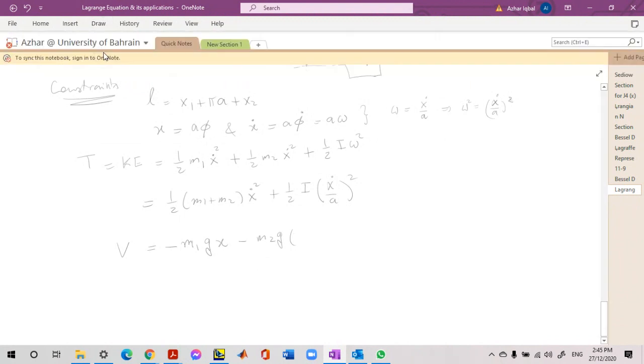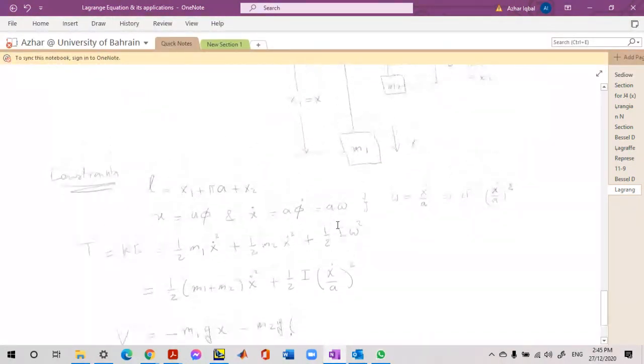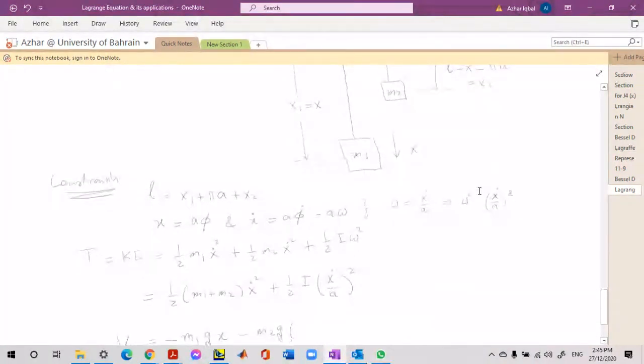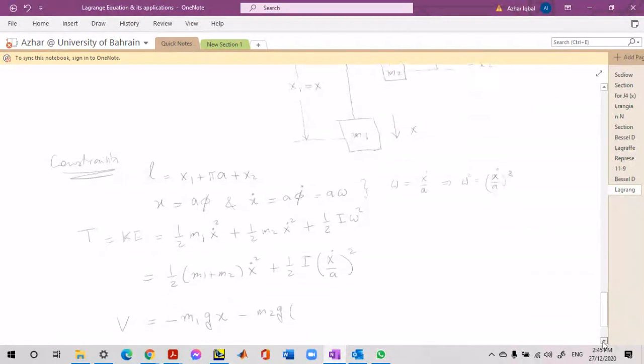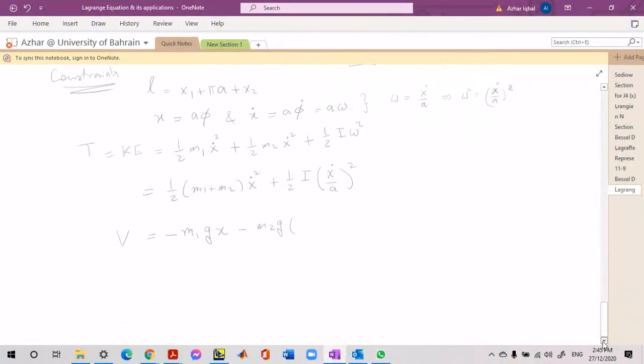So I just write down m2 g and that distance. This distance here, L minus x minus pi a, is given by L minus x minus pi a. This is what we have obtained.